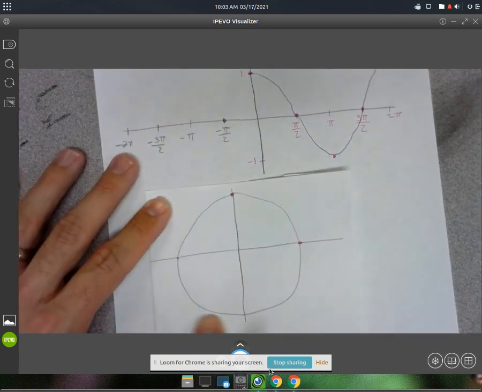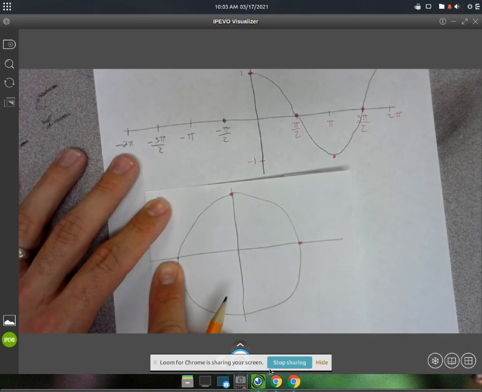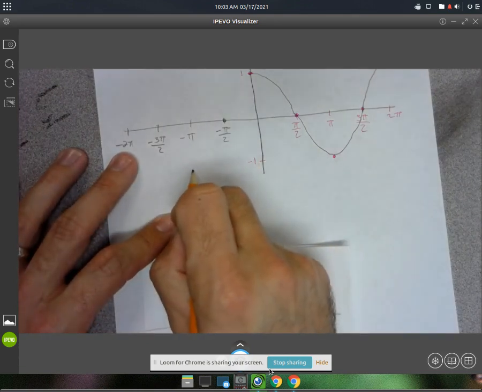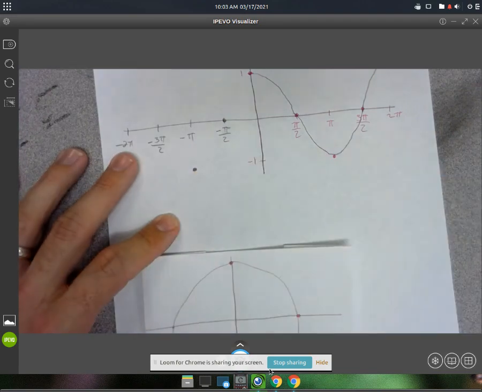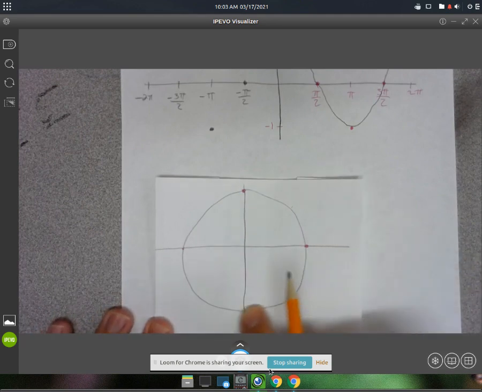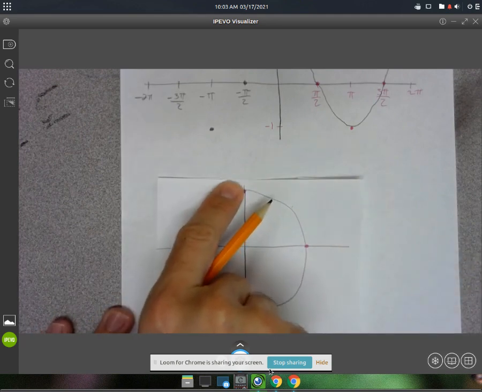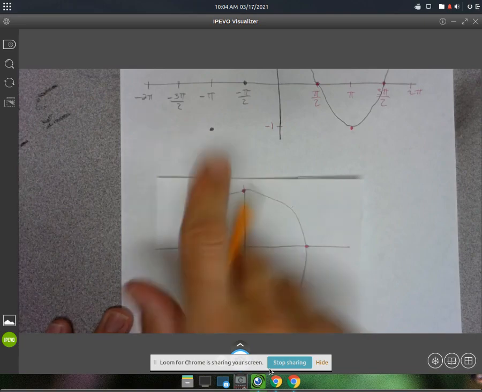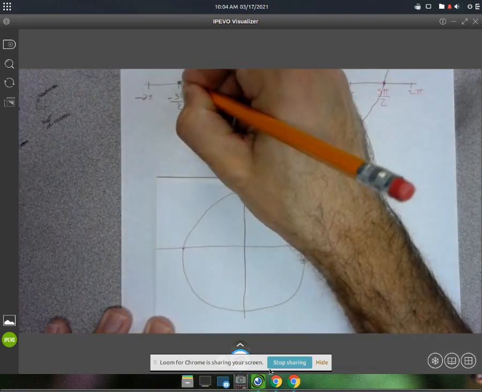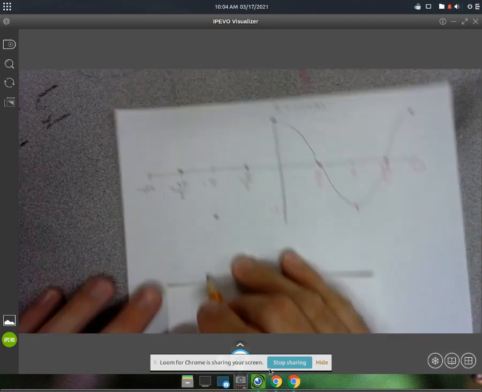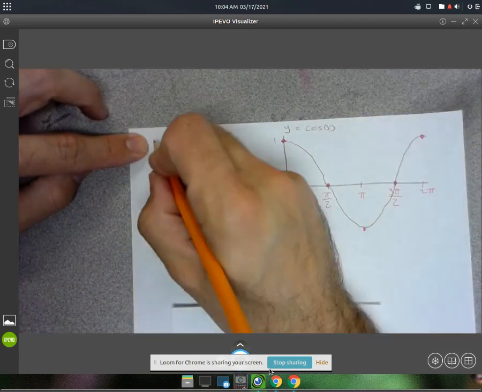And then at negative pi, I'm going to have an x value of negative 1. So that's going to dip way down low, be my relative minimum. Okay. And if I rotate negative 3 pi over 2, so that's a full 270, right? That's going to put my x value at 0. So that's why I have a 0 there. And if I rotate all the way around, negative 2 pi, I'm back up at 1 again.